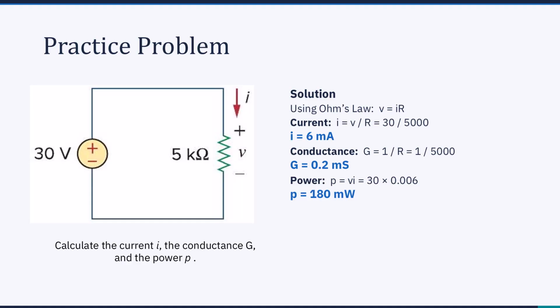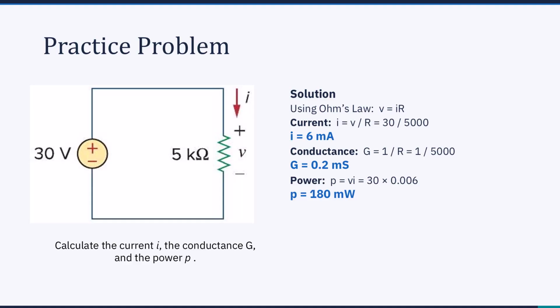G equals 0.2 millisiemens, written as 0.2 mS. And finally, the power. Power P equals V times I. P equals 30 volts multiplied by 0.006 amperes. P equals 180 milliwatts, written as 180 mW.